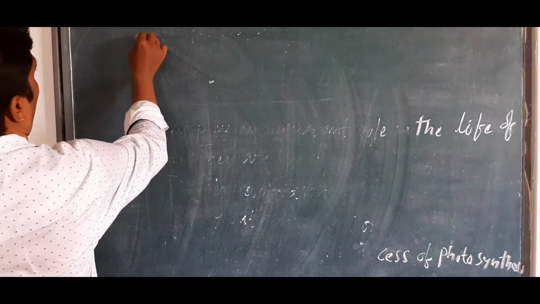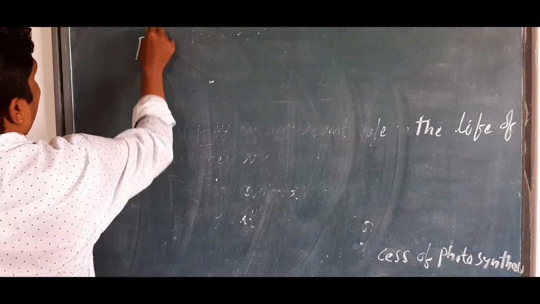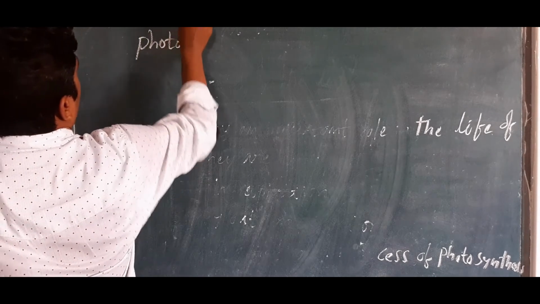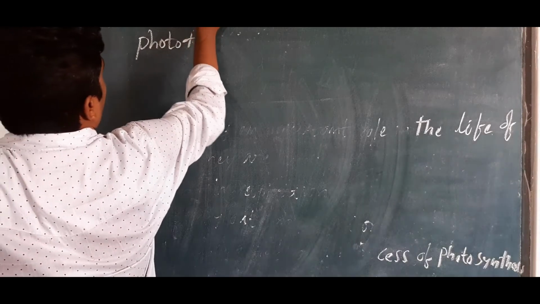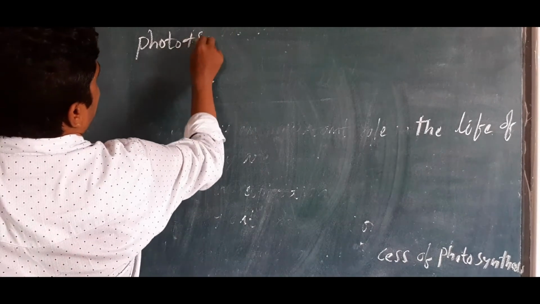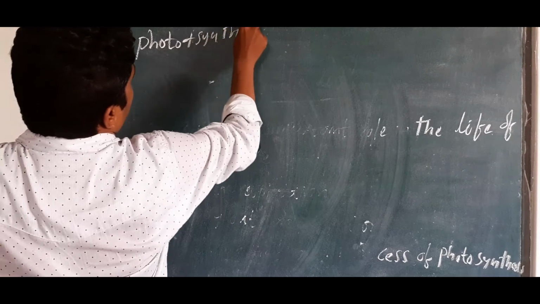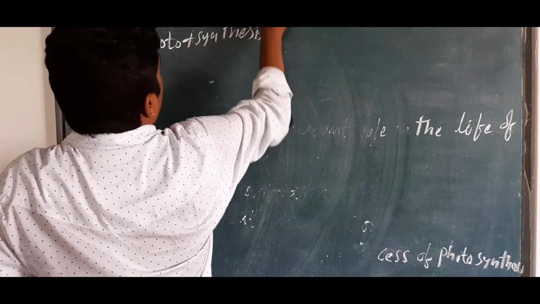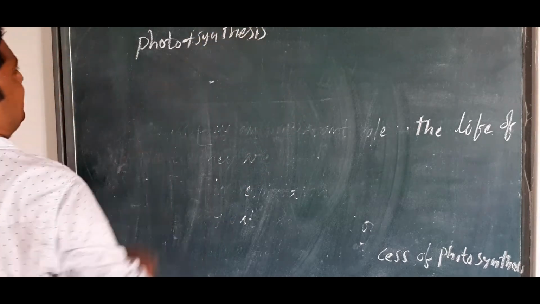Photo means light. Understand? The light comes from the sun. What is the meaning of synthesis? Synthesis means process or doing.